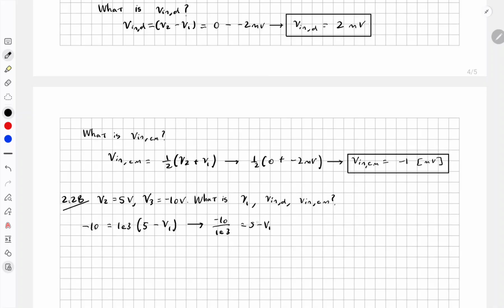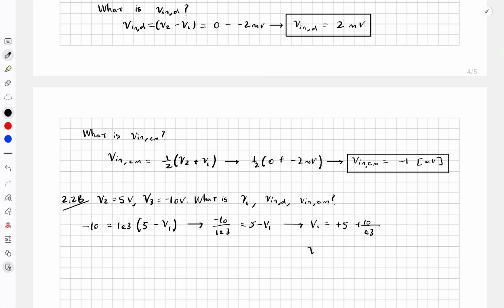Okay, so minus 5 on both sides, times negative 1. So V1 is equal to negative 5 minus 10, divided by 1000, then you multiply by negative 1.